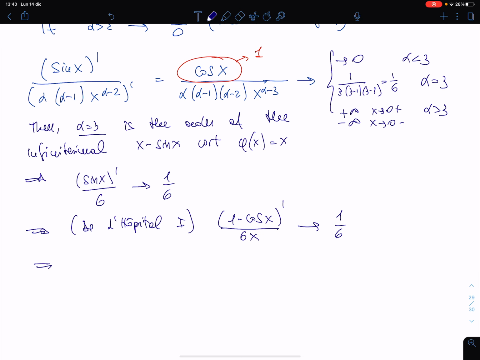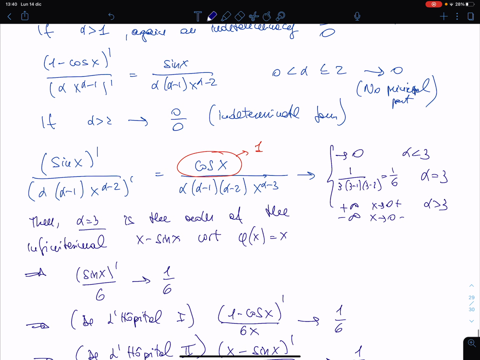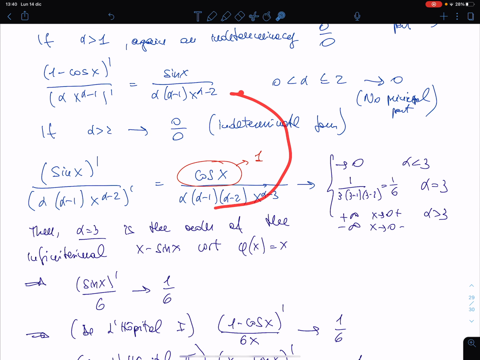Then again by L'Hopital, but this time number 2, we have x minus sine of x prime divided by 3x squared goes to 1/6. So I'm going back through a chain of L'Hopital, going back to the previous limits.